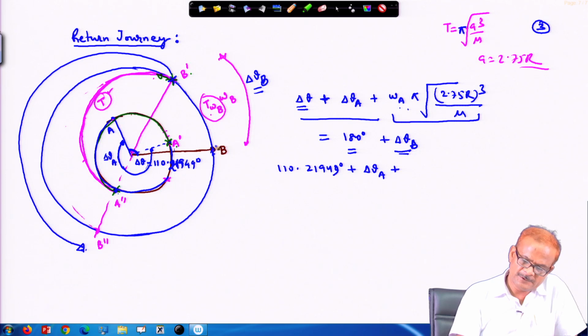You can see that B is located here, and A is located here. It goes all the way to this place and then it comes here. First it goes from A to this place, and then from A prime the journey starts and ends up at A double prime.